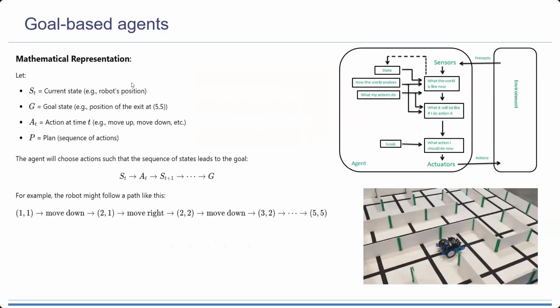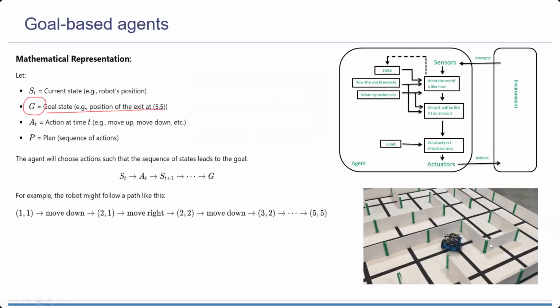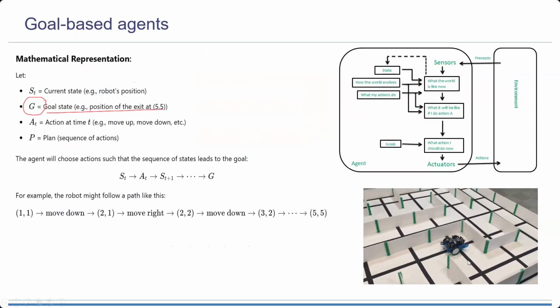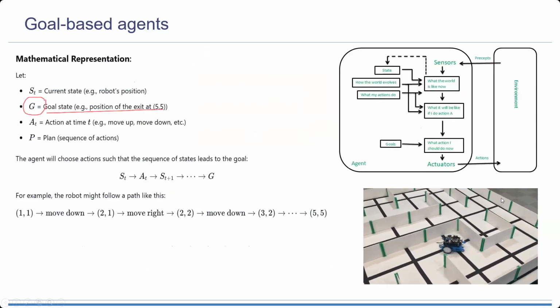So in the mathematical form, we have the goal. The goal is something that we need to define at the first. For example, you know the maze. The robot should move, and the robot should go to the exit.